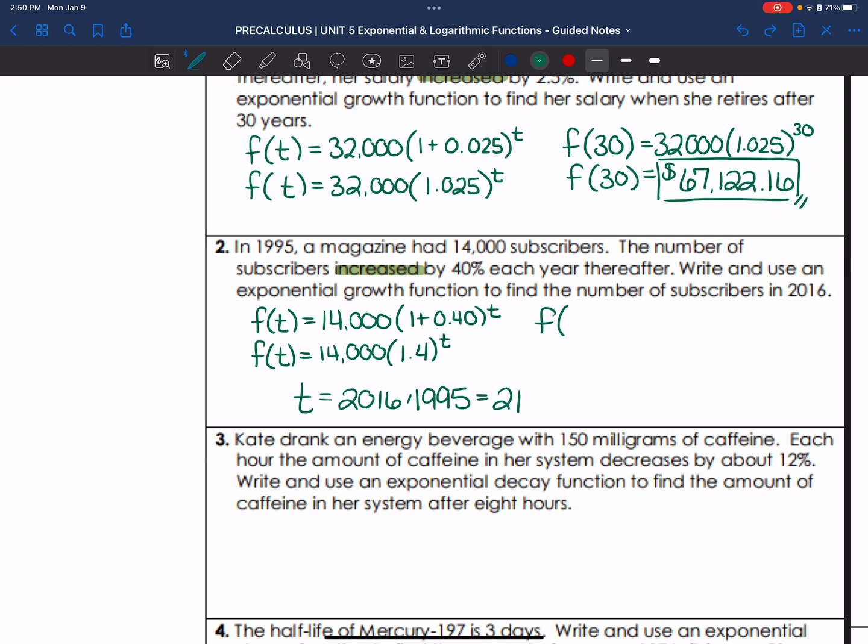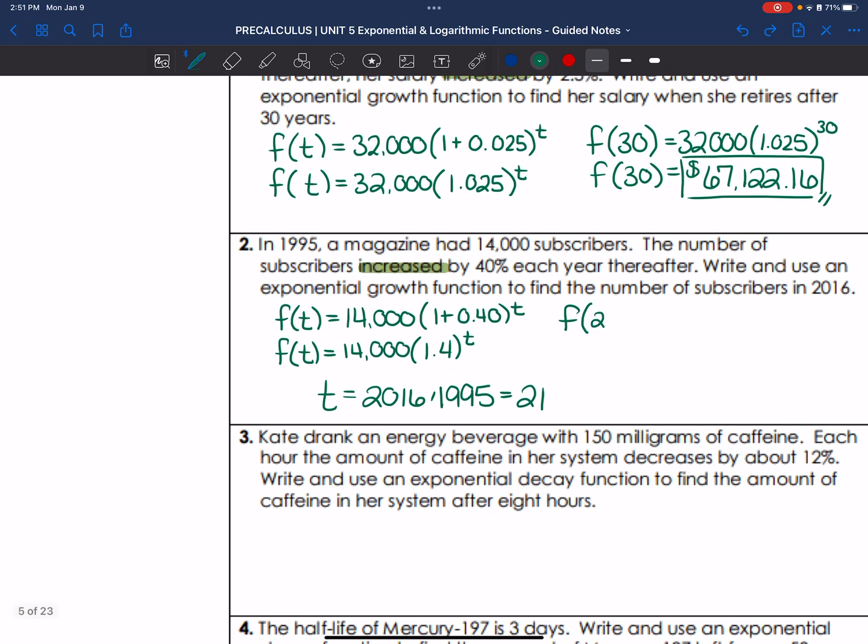No. We're looking not after 2,000 years, but just after 21 years. So with that growth rate and a time of 21, what is going to be the number of subscribers? We should have 16,398,978 subscribers.